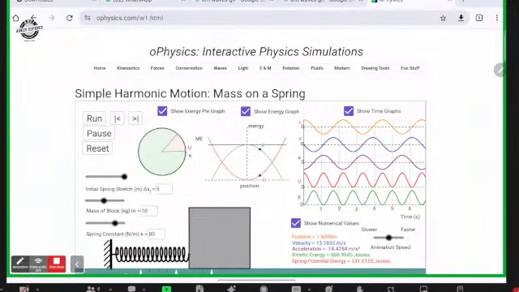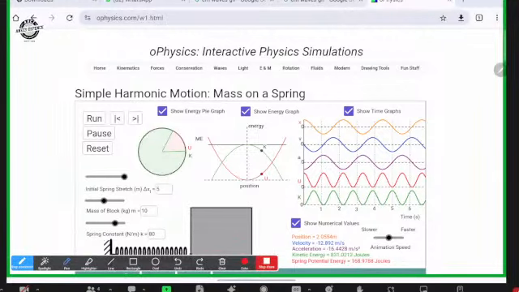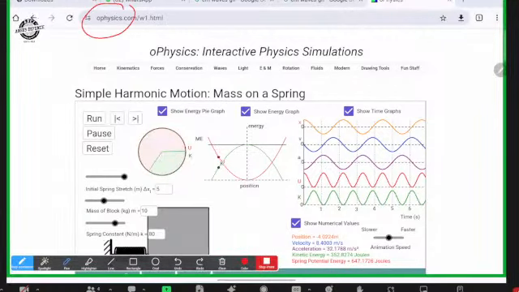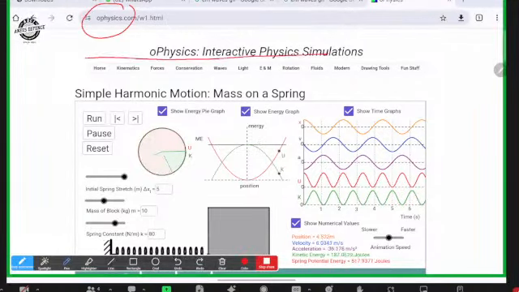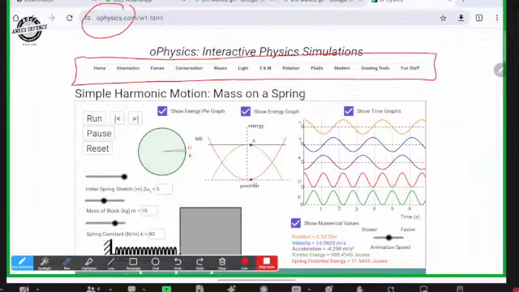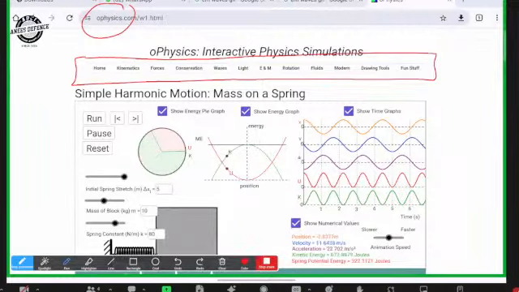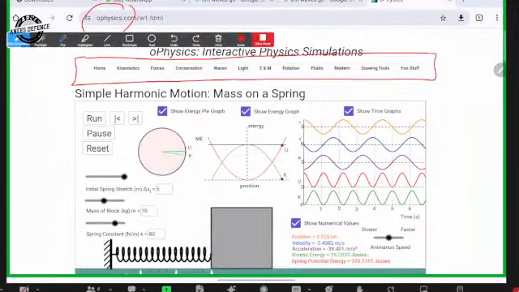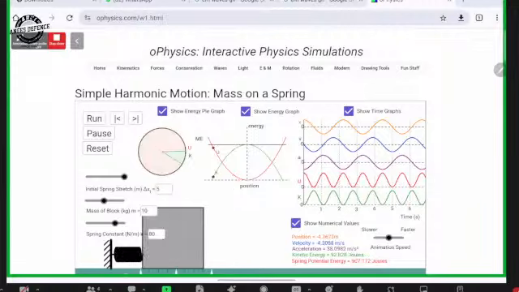The name of the website is O Physics. All the physics animations are given here. You can play with the animation, and you can even visibly see the concepts of physics. Very nice website.